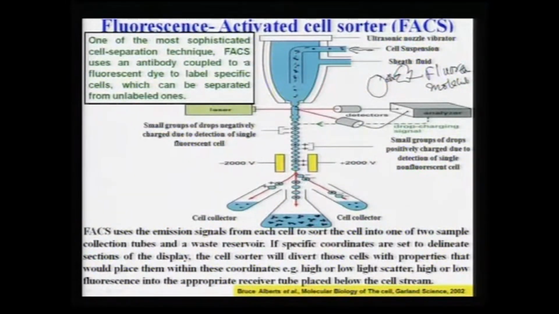At a certain point they will experience a certain electric field, and typically this electric field is 2 kilovolt. So, there is a voltage difference, one side is positive, one side is negative. This is the 2 kilovolt voltage difference.